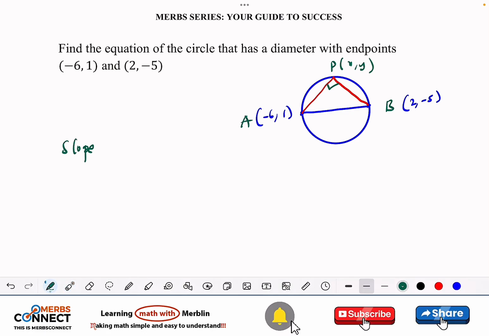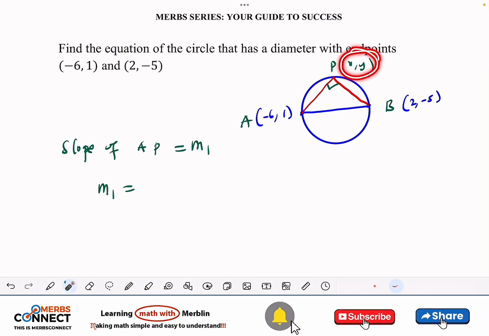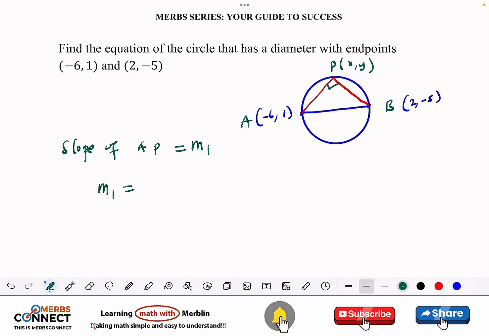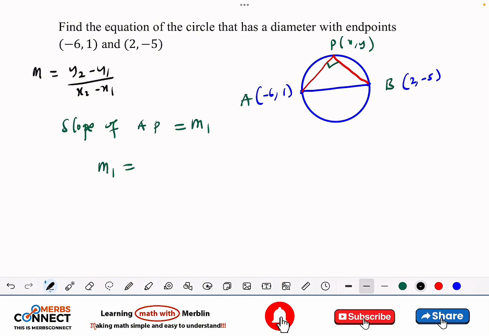So let's assume the slope of AP is equal to M1. What will M1 be? Let's find the slope. Most of the time, you need to write this one as your y2 and x2. We know that slope is equal to y2 minus y1 divided by x2 minus x1. Keep writing the formulas when you are solving so you get them at your fingertips, and always know which formula you are going to use.